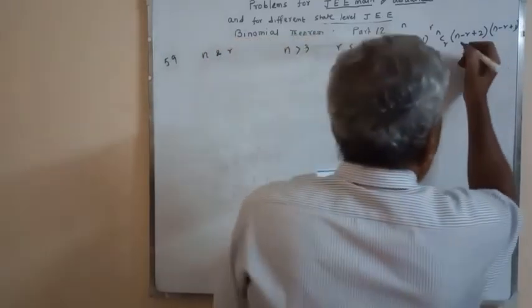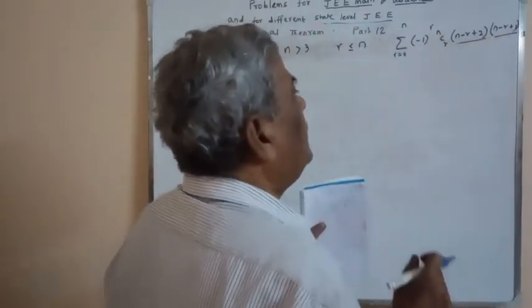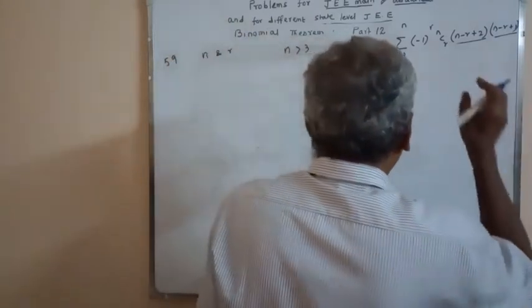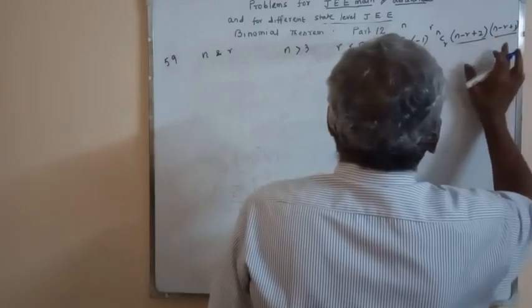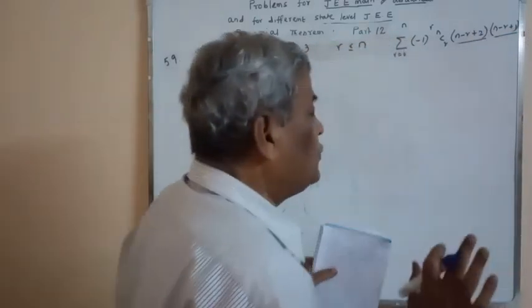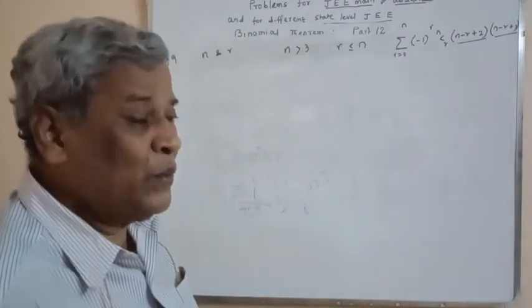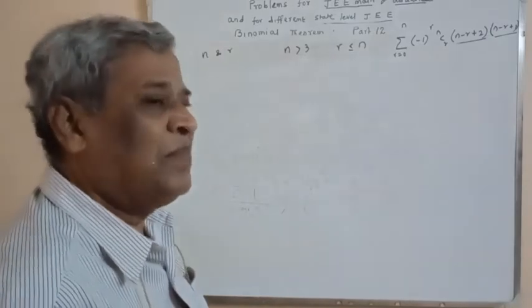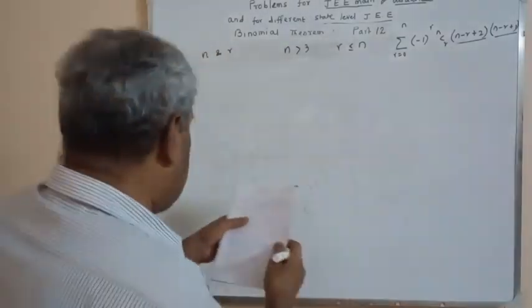Mind that here these two are two consecutive integers. R is an integer, this is an integer plus 2, so it is an integer, and this is just one more than that. So two consecutive integers are there. Most of the cases, we can obtain the result by differentiating twice a relation. Let us see what is the relation.